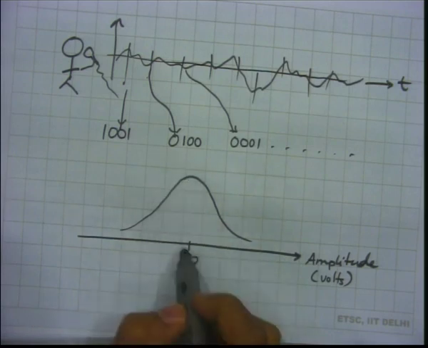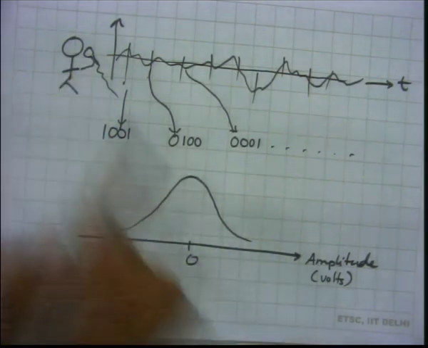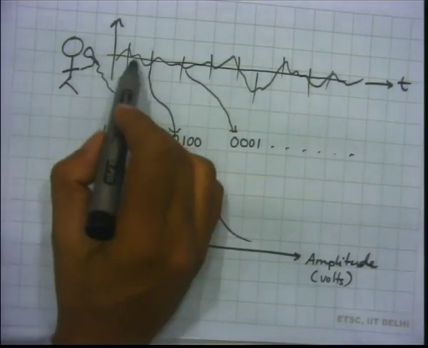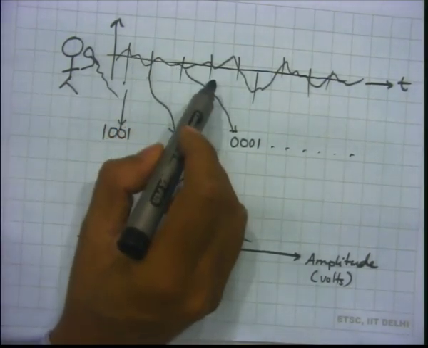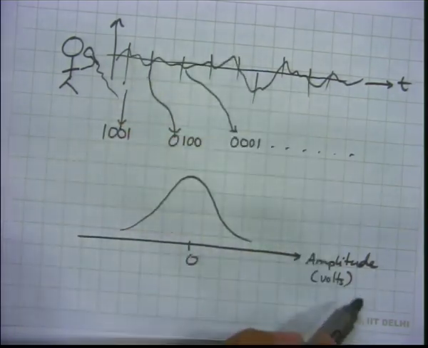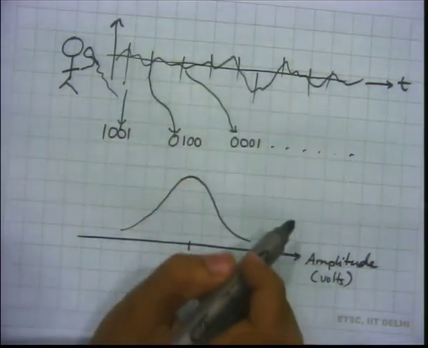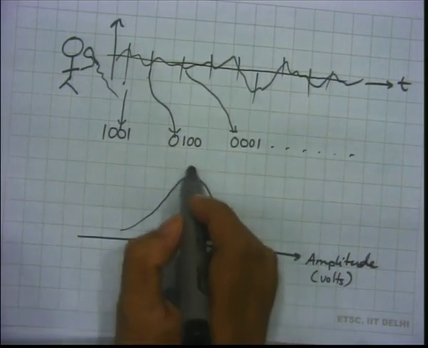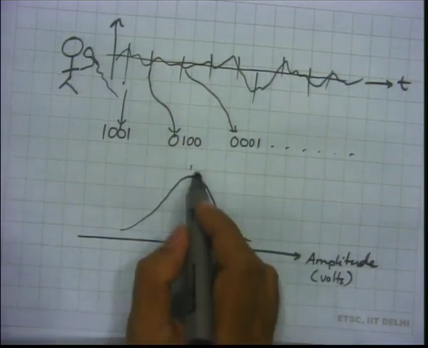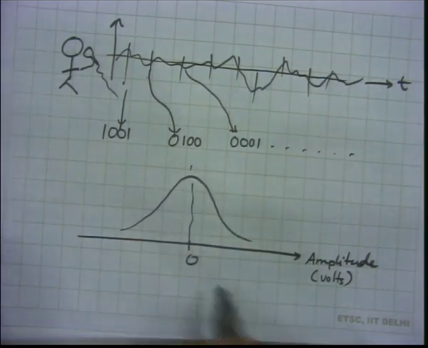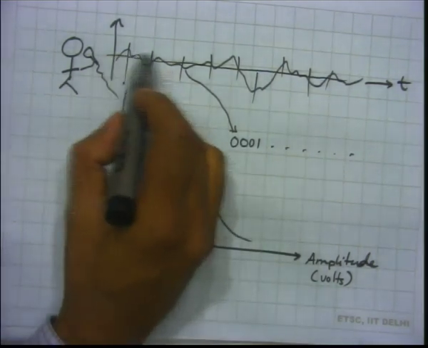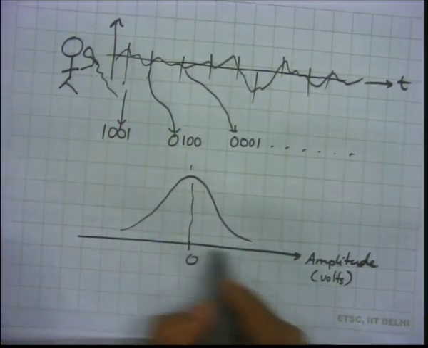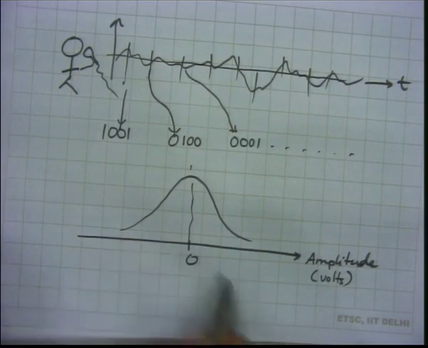This distribution tells me that for this particular case, my friend sticks normally around the 0 and once in a while screams, and therefore, the amplitude goes up. But he is a generally soft spoken person. So, it is a higher probability that my signal should lie close to 0 as opposed to having very high or very negative voltages.